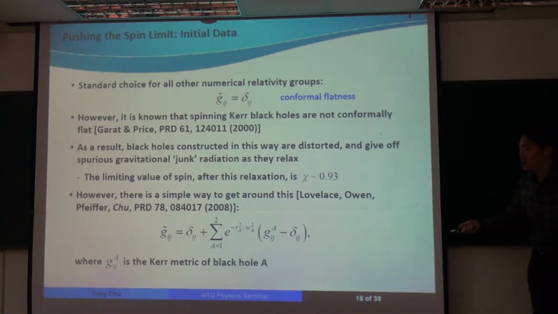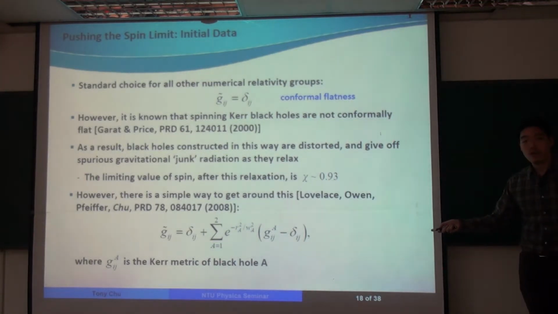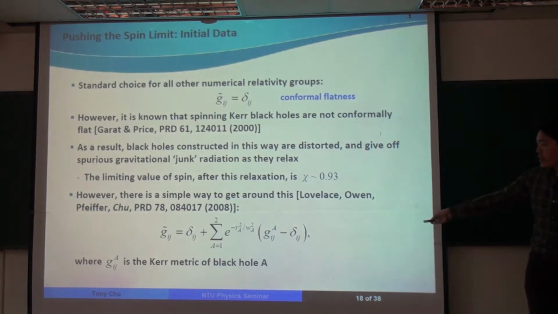I hope you can see that in the back, but in this expression, this is a sum over 2 black holes, and each factor here is weighted by a Gaussian factor around each black hole. So let's just consider black hole 1, for instance. Around black hole 1, this Gaussian factor is about 1, and these two delta ij's cancel.